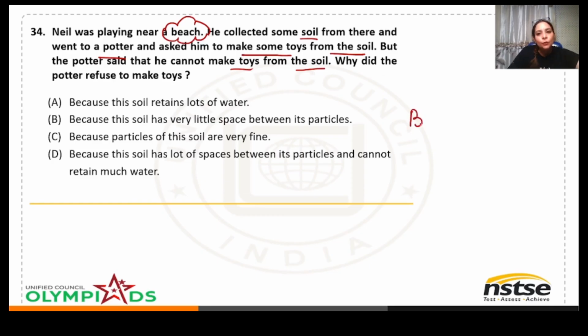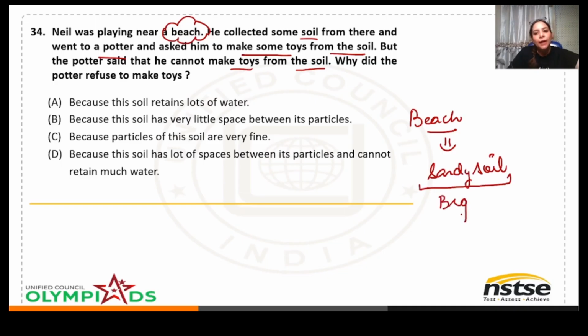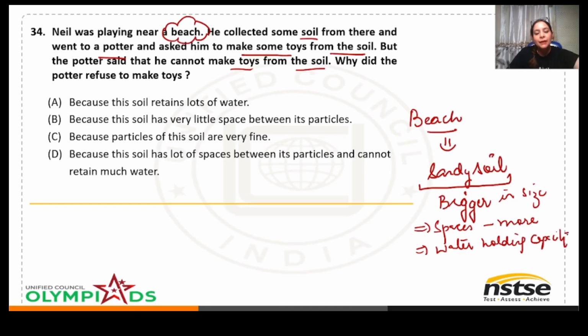Now let me tell you, the soil which is near the beach is the sandy soil. And sandy soil is formed of particles which are quite bigger in size. Due to which the spaces between them are more. Spaces between the particles is more. And if I talk about their water holding capacity, it is minimum, and that is the reason the potter refused, because he cannot make toys using sandy soil.